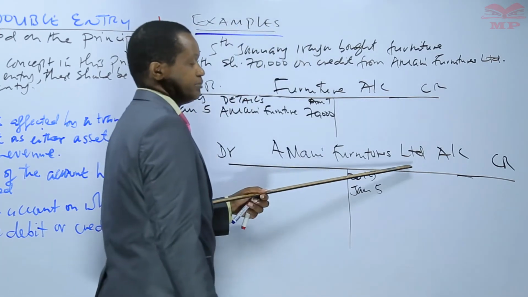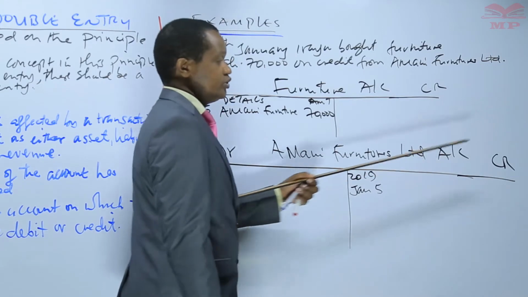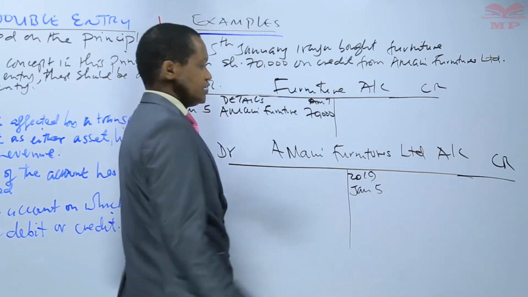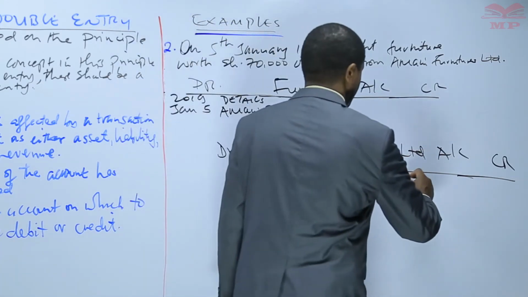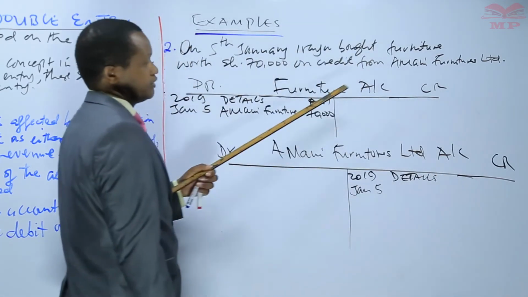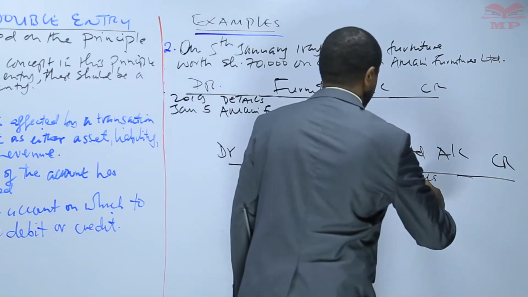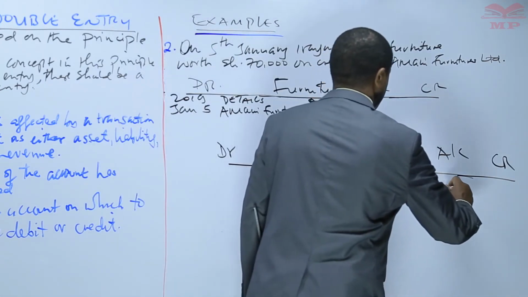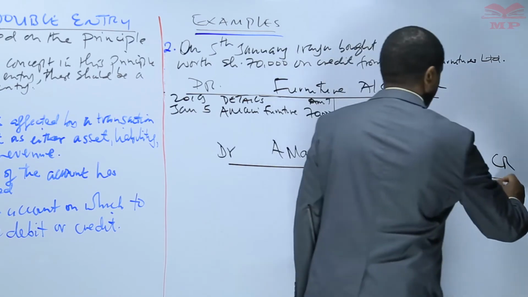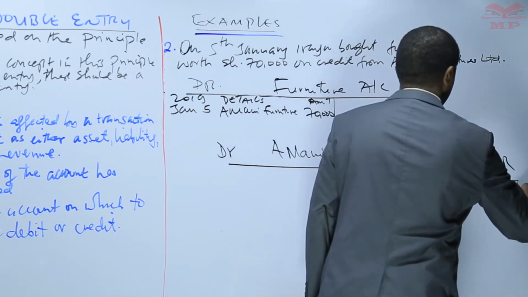When a liability increases, remember we said you increase or you credit that account. So we credit this account. Under details or particulars, we are going to write the corresponding account, which is furniture. The amount is 70,000.